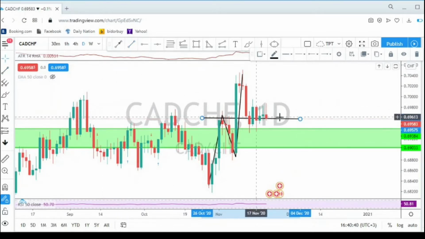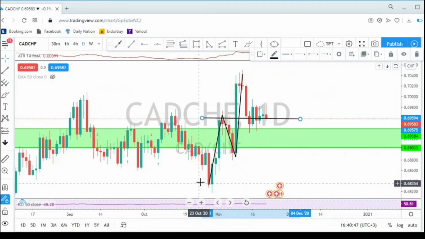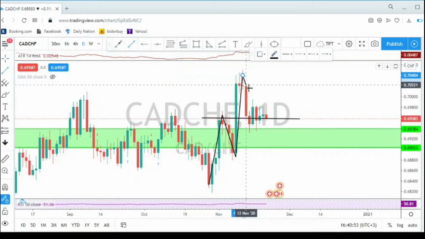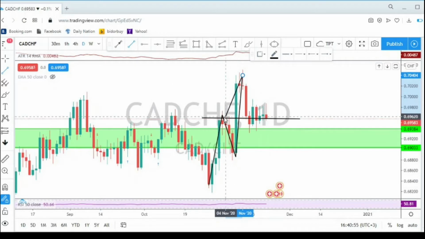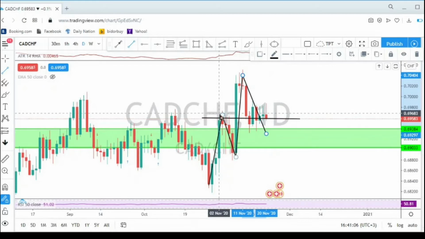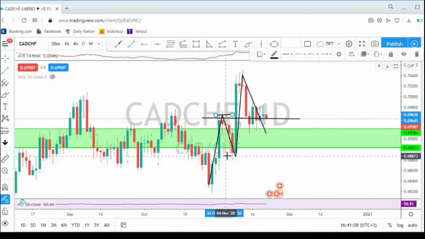So with this, what I normally do when the market has made such moves is wait for a pullback, and this pullback should be either at the resistance level previously, or the support level previously, or just in between the resistance here and the support here.